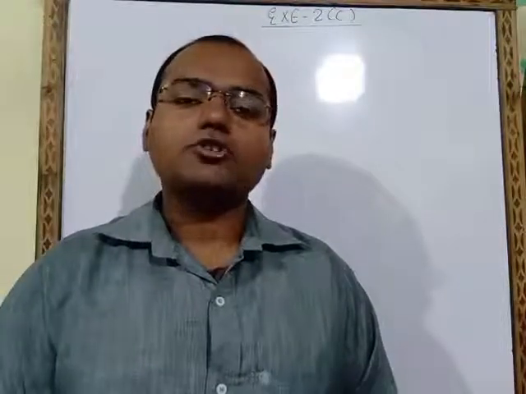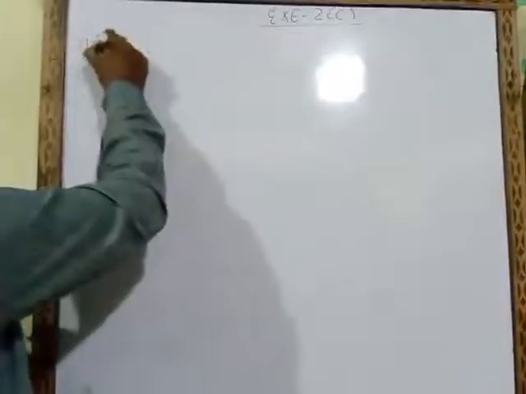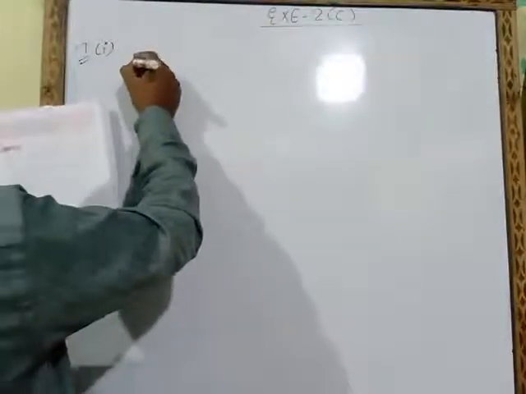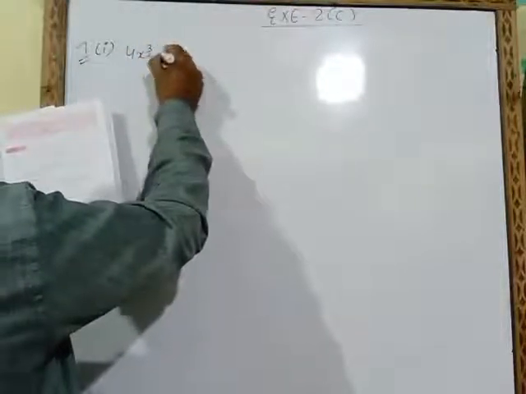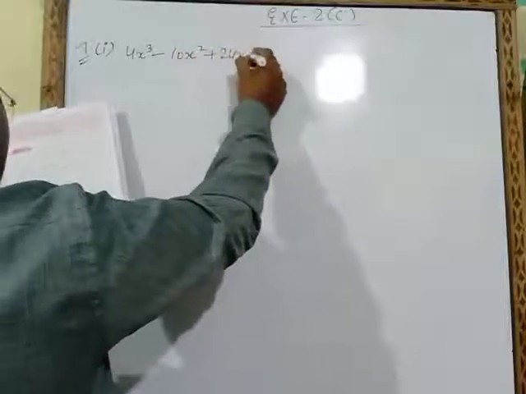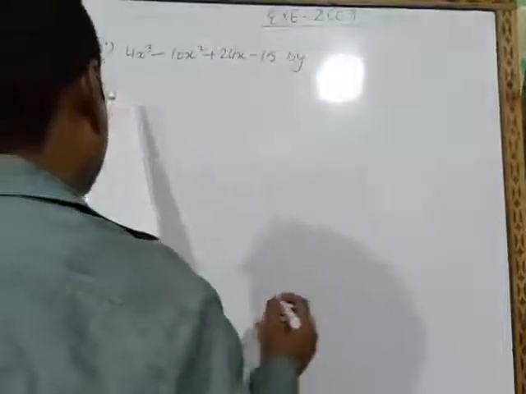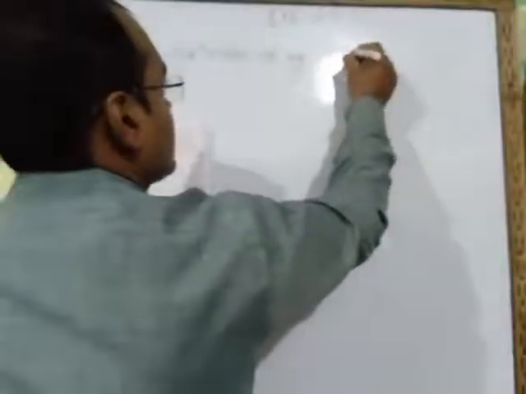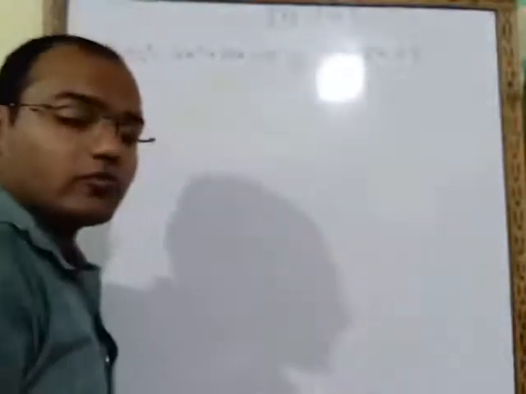Now all of you see question number 7, first part. The question is divide 4x cube minus 10x square plus 24x minus 15 by x square minus 2x plus 5. So what we have to do?